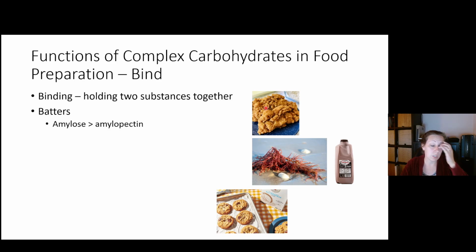Now, amylose is better than amylopectin at this binding function. So it's important when you're choosing what source of complex carbohydrates, what source of starch that you are using for your batter, if you choose something that's higher in amylose versus amylopectin in that ratio, you'll have better binding of that starch.